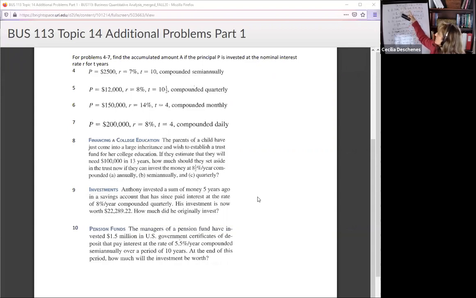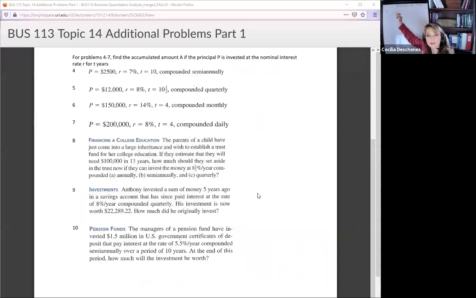I'm going to keep this formula up here, but I just want to be really clear that we are actually using this formula to solve for the P. So let me erase this and actually switch over. Actually, before I switch over, let's write down all this information for problem number 8. All right, so problem number 8.